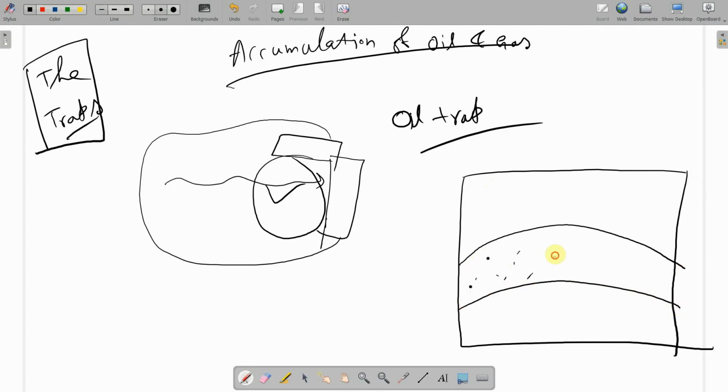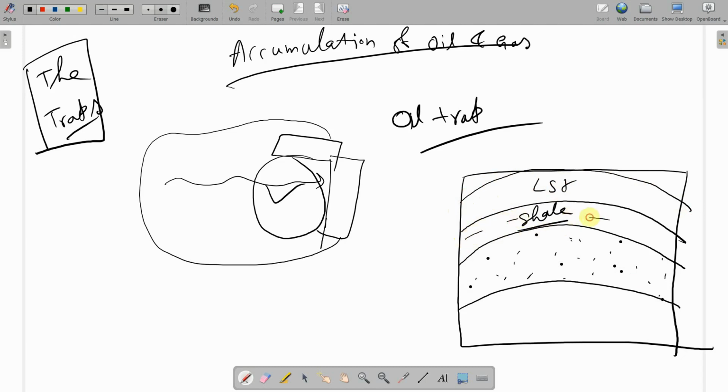This is my permeable layer through which fluid can move. Above which you have some shale layer, and above which you have some limestone. So this is your shale layer, and this is the limestone.